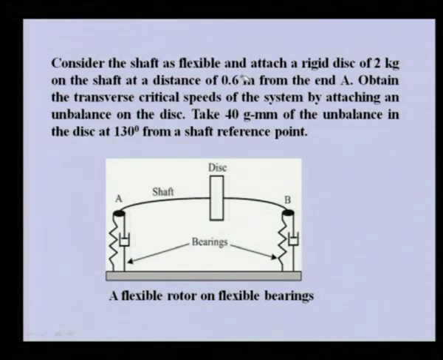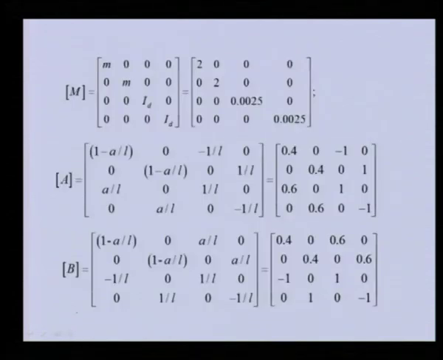It is from one end and A is 0.6 meter, and we are having some unbalance in the disc at a certain angle as a reference point. So, now let us write the various matrices. The mass matrix for this particular system, which we defined earlier, will be this.